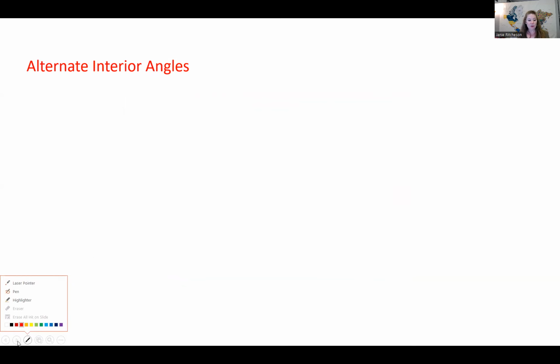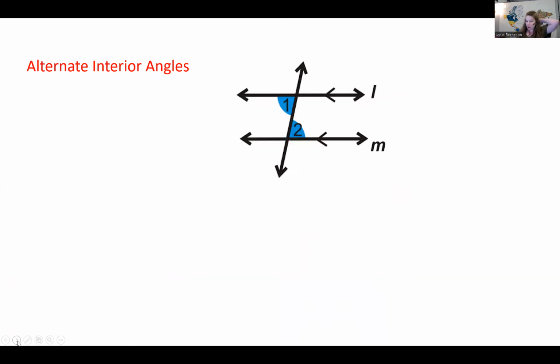Now, just a reminder, we didn't really talk too much about alternate interior and alternate exterior. So remember, alternate means opposite sides of the transversal. So here's the transversal. The two angles have to be on opposite sides of that line. Interior angles means angles that are inside the parallel lines. So 1 and 2 are alternate interior angles, and alternate interior angles are always congruent.